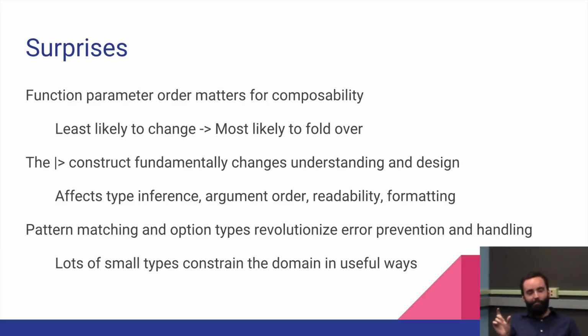So if you're changing one parameter a lot and the other one very infrequently, that one should be the last parameter. That way you can partially apply the first 4 and then just keep folding over that function and apply the last one. Little things like that made me think, oh, someone really thought about this.